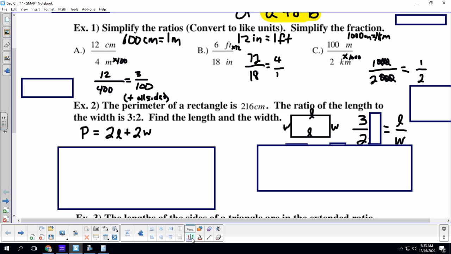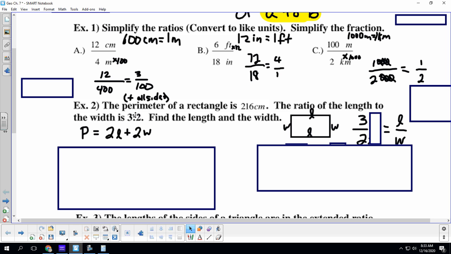If we test it, like 3 plus 3 is 6, plus 2 is 8, plus 2 is 10. So the length is not 3 and the width is not 2, but that's the ratio of how they are together.